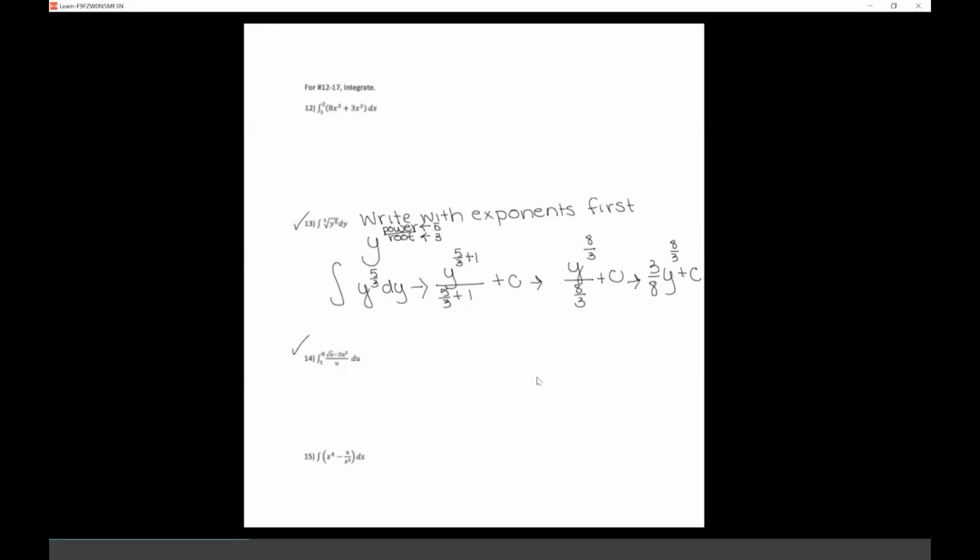Okay, let's take a look at 15. Anybody have any idea of what to do with 15 to make it simpler?